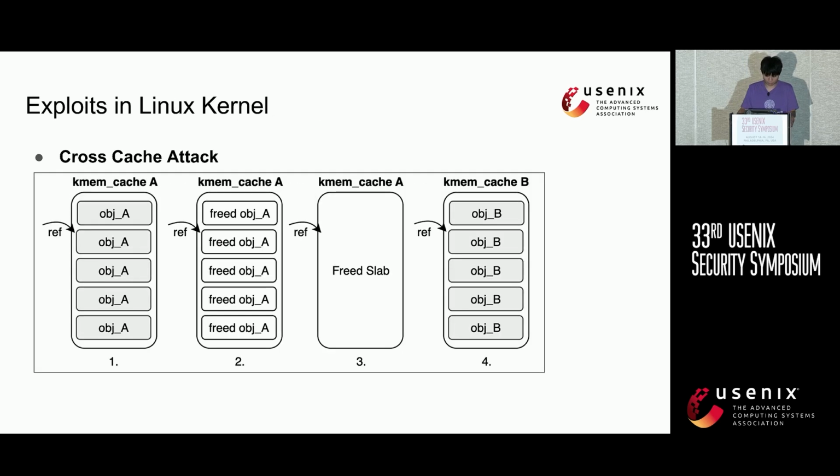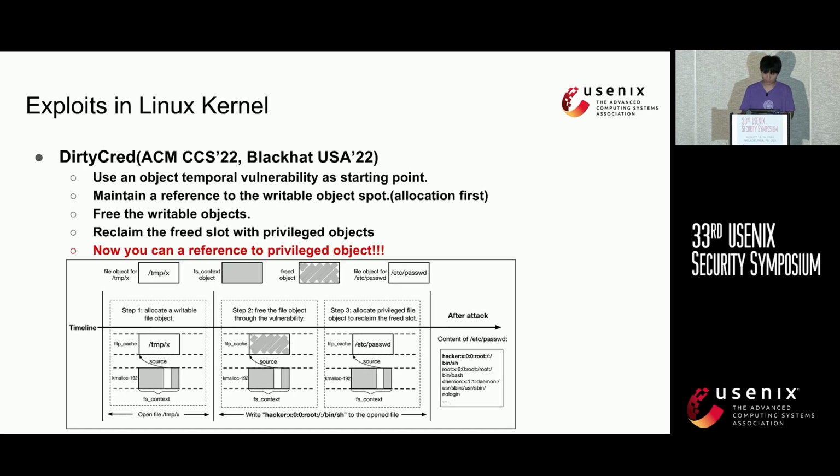So the state-of-the-art exploitation technique currently is DirtyPage, which is a heap-level exploitation technique. It was published in CCS and Black Hat USA 2 years ago. First, it uses an object temporal vulnerability as a starting point.